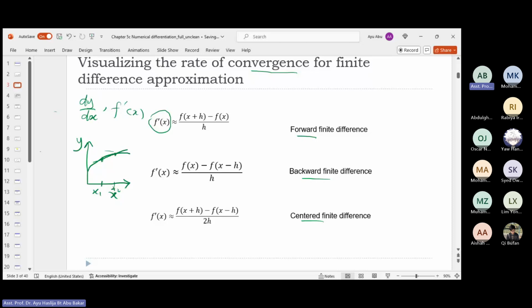where dy is the difference in the y-axis and dx is the difference in the x-axis. So from this you get the slope, the gradient.